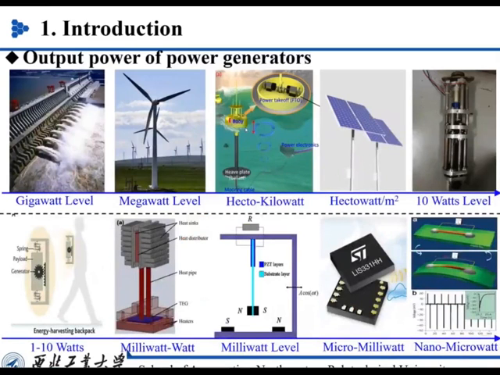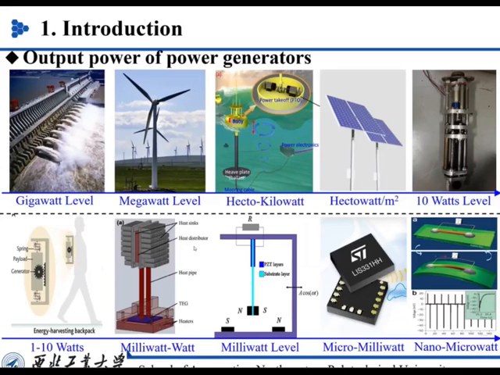If we compare the size and the output power of the power generators, we can divide them. For example, for the power station, the output power is really high, in the gigawatt level. For the wind turbine, it may be in the megawatt.